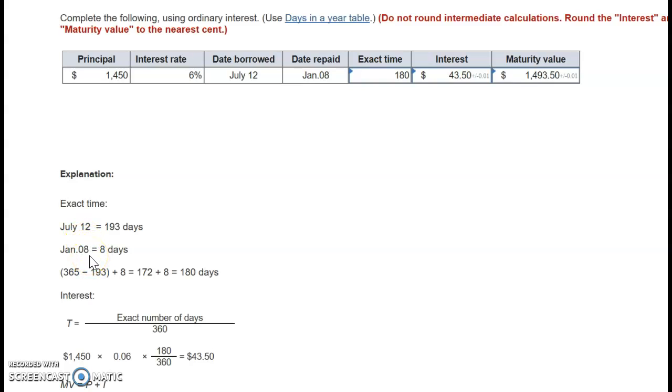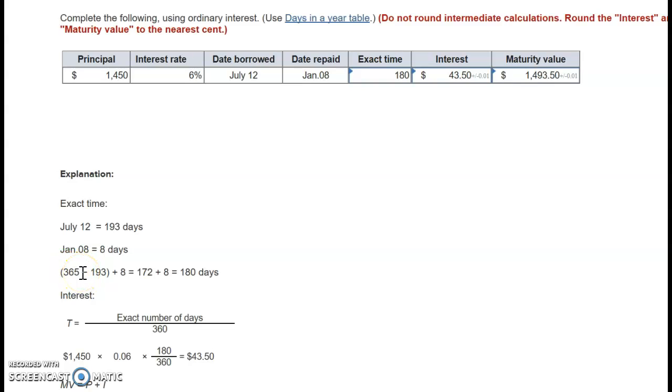So what we have to do is consider the number of days in the year. This is different than the interest assumption we're making in terms of exact or ordinary, okay? When we're dealing with the calendar, we're always going to use 365.